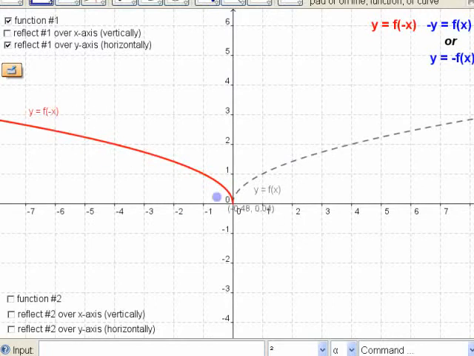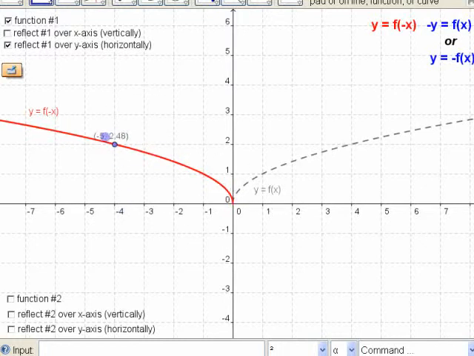So if you want the curve to be over here, what you can do is put negative x. Negative x means just take whatever you have as an x value and change its sign and then apply the function. So if you take negative 4 and you change its sign to positive 4, then the square root of that is 2, right? That's how you get this point here.